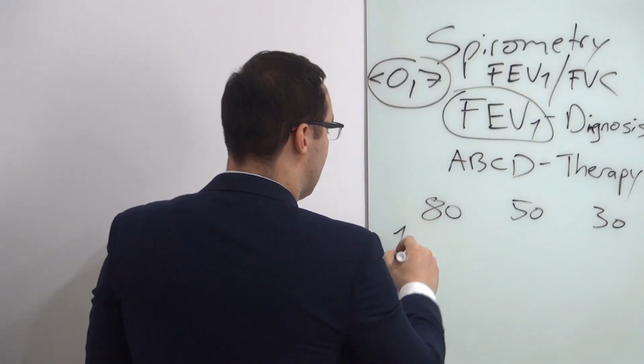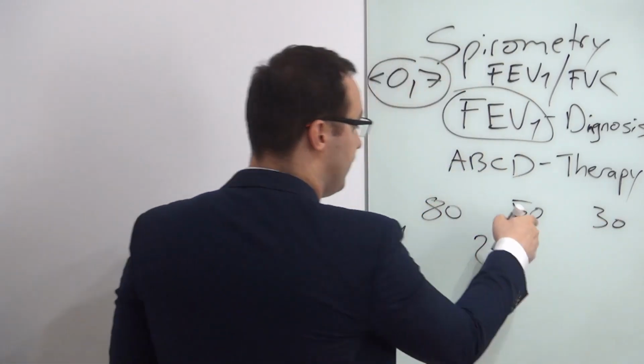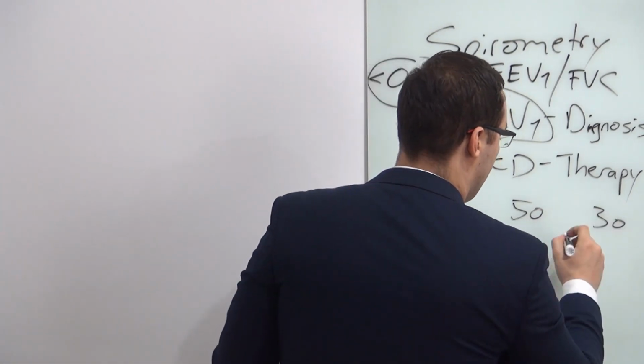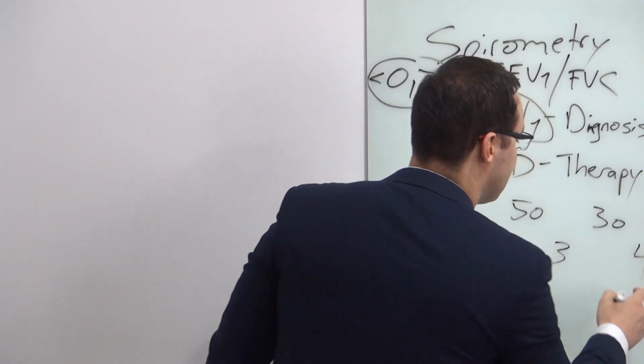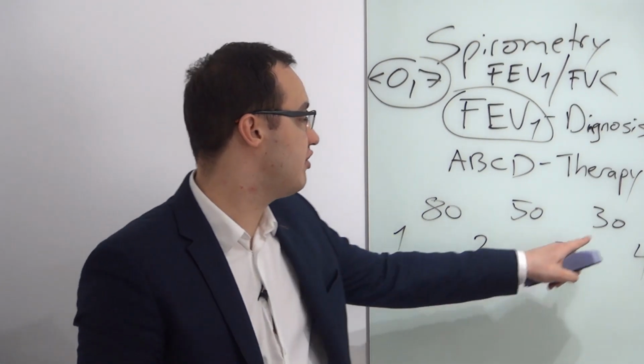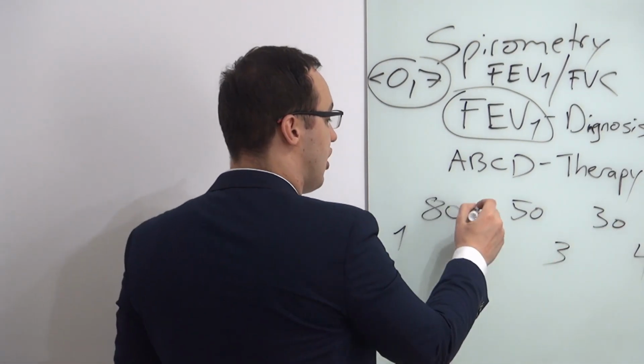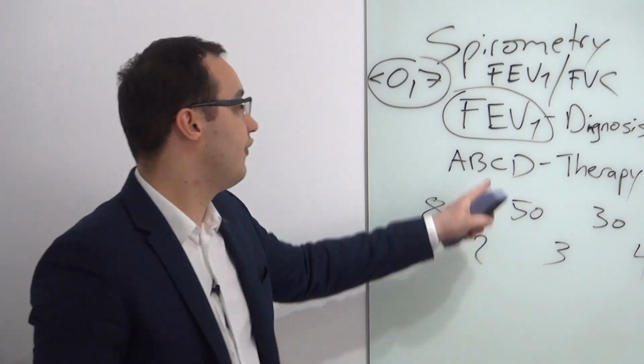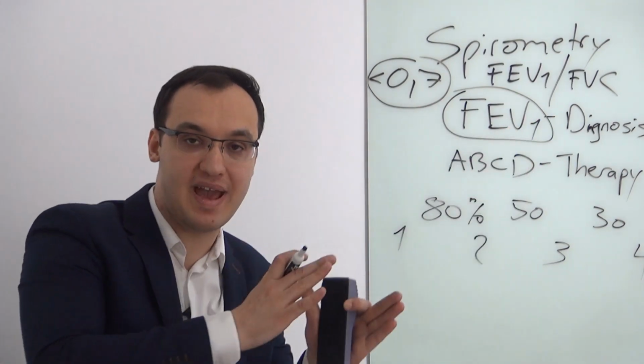If we have more than 80%, then it's 1. If it's between 50 and 80, then it's 2. If it's between 30 and 50, then it's 3. And if it's less than 30, then it's 4. So this means that we have GOLD 1, 2, 3, 4 based on the percentages. These are percentages of FEV1 compared to the population.